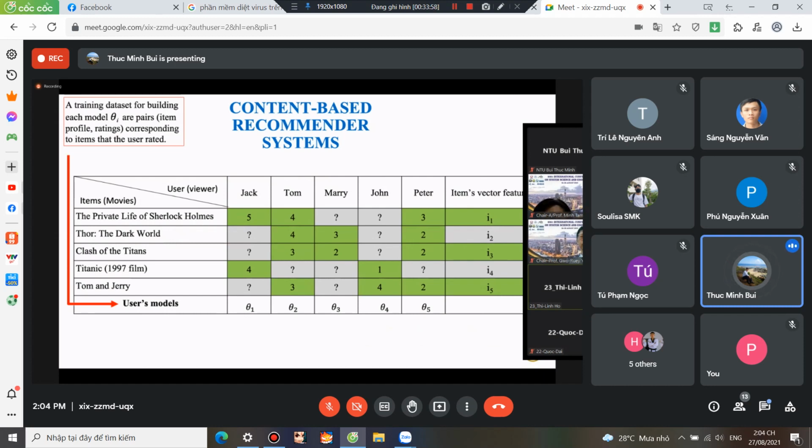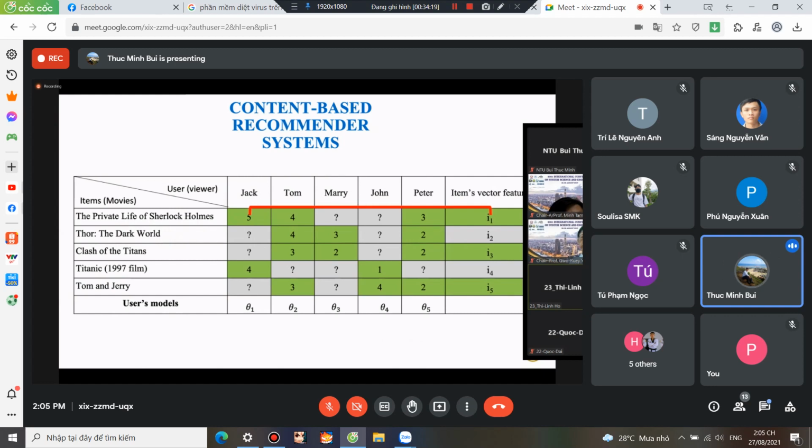A training dataset for building each model theta I is a set of pairs, each including the item profile and the rating corresponding to an item that the user rated. You can see an example on this line: a couple including item profile and user rating. If we want to predict the rating that a user U gives an item I, we can apply model theta I.